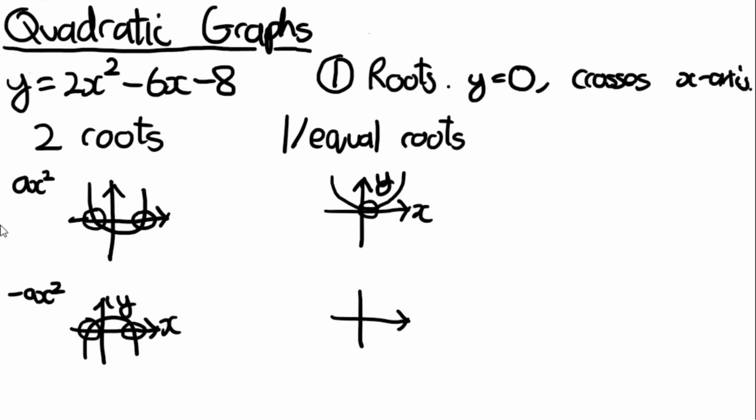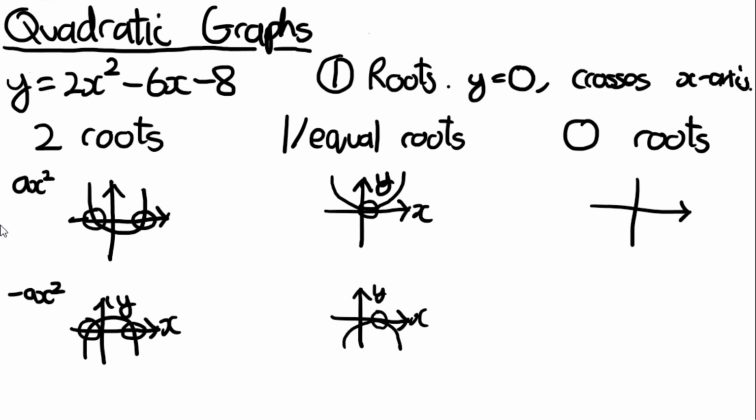And for minus ax squared, it will look like this again, where there will be a root there. And it could have 0 roots, where it doesn't cross the x-axis at all. So for ax squared, this could look like this, and for minus ax squared, this could look like this, for example, where it doesn't touch the x-axis.